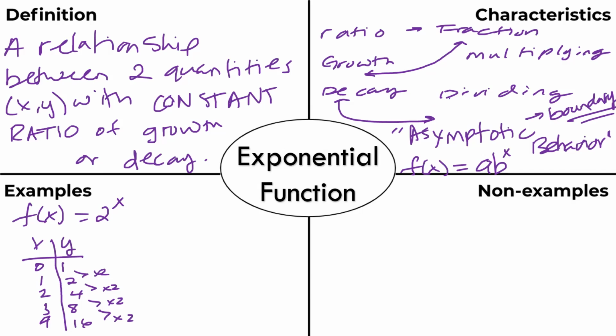Are you with me? Okay. So what we're going to add here is, for multiplying, that means that your b value is greater than 1. Notice that our base here is greater than 1. For your decay, your b value is going to be between 0 and 1.